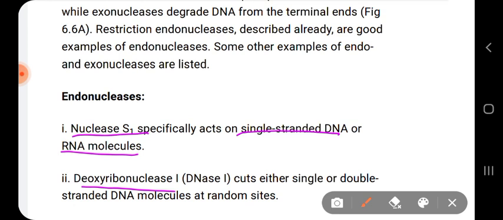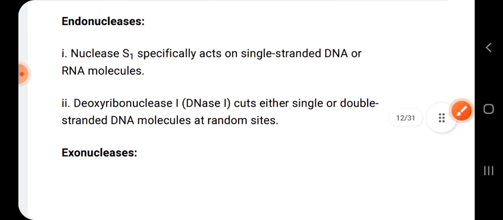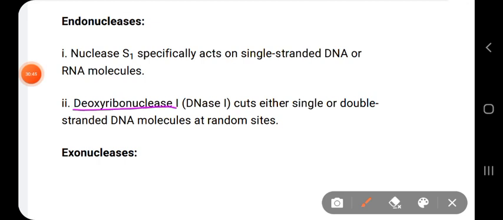Then DNase 1. This name you know, you have used it in your laboratory also. Deoxyribonuclease 1 cuts either single or double stranded DNA molecules at random sites.